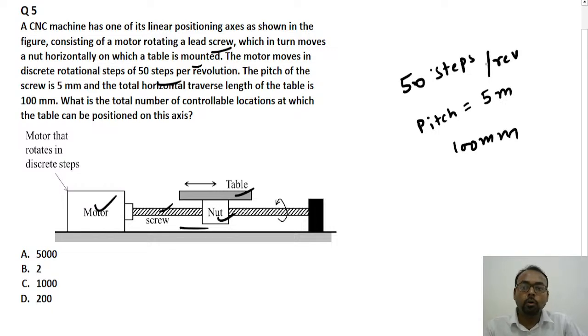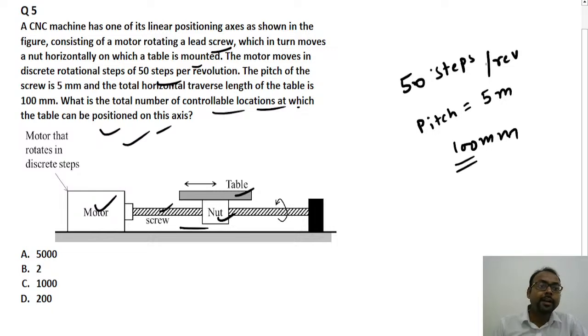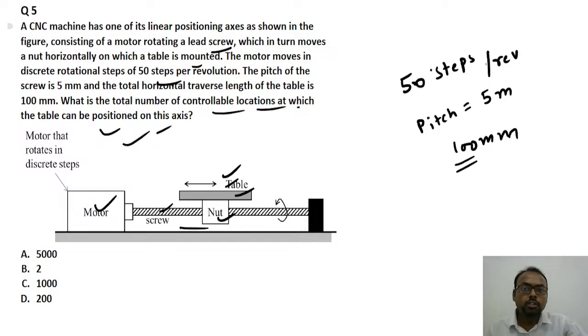Now we have to find out the total number of controllable locations at which the table can be positioned on the axis. So basically we have to find out how many steps we are required to move this table the 100 mm distance. So how can we find that? First of all, what we have been given: the motor moves in discrete rotational steps of 50 steps per revolution.